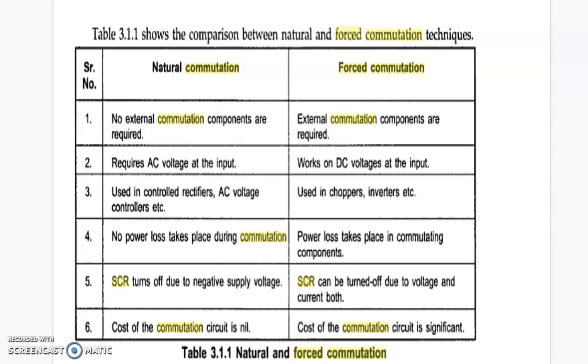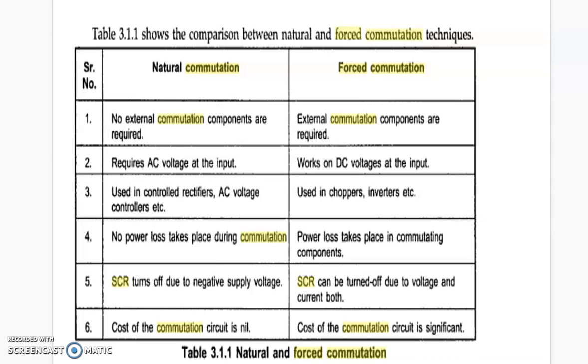Therefore forward bias can easily be changed to reverse bias, and natural commutation is used in controlled rectifiers, AC voltage controllers, etc. And there is no power loss in this type of commutation. As I have already told you, the SCR turns off due to negative supply voltage, and there is no extra cost for an external commutation circuit, because there is already a natural way in which the SCR turns off.